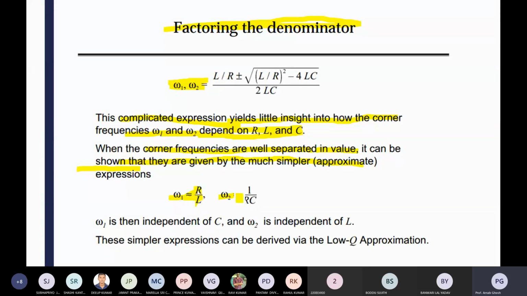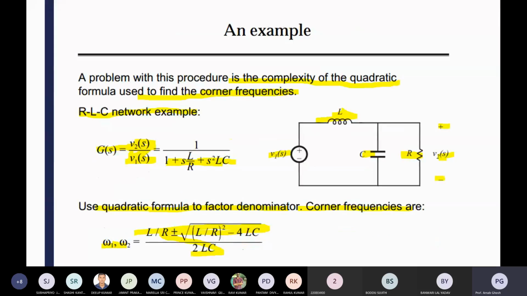Omega 1 is independent of C and omega 2 is independent of L. These simpler expressions can be derived via low Q approximations. I think you are able to understand the concepts. So the value of omega 1 is more or less R by L, and the value of omega 2 is more or less 1 by RC.